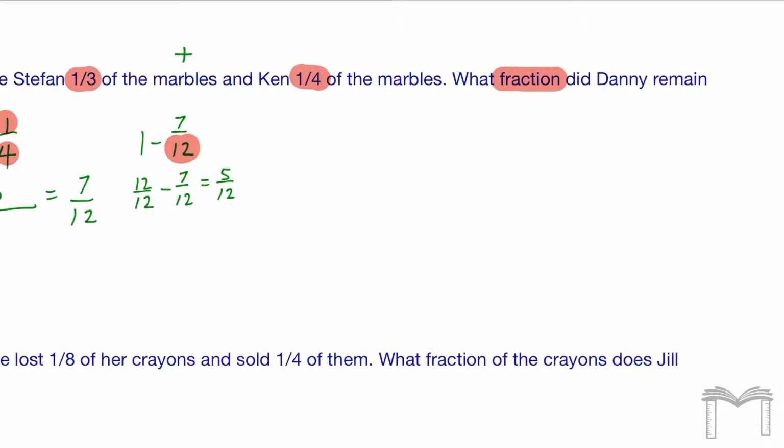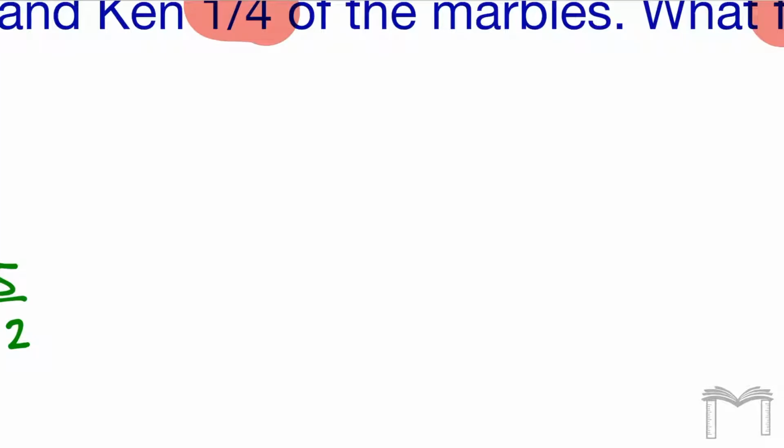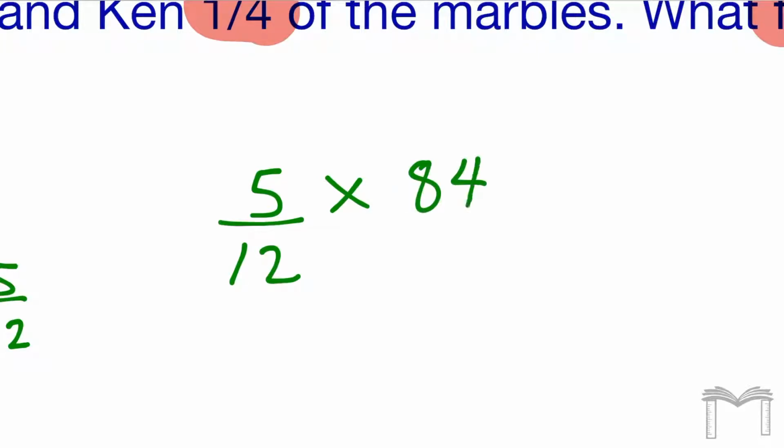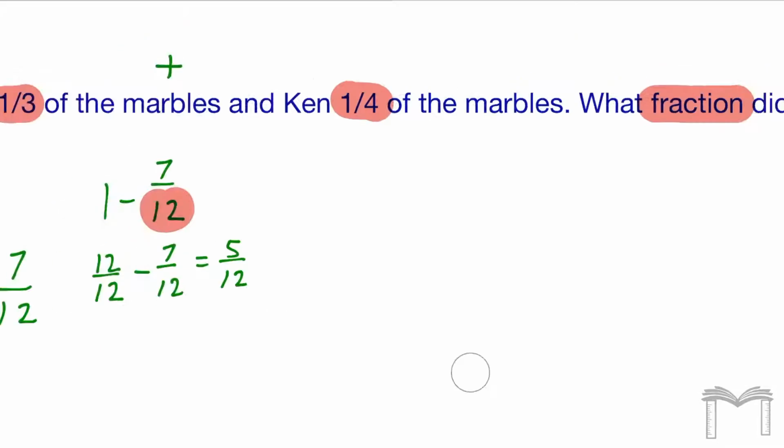If they asked us what amount did Danny remain with, which is different from fraction, we would have multiplied the fraction that he remained with by the total that he started with, which is 84. 12 into 12, 1. 12 into 84, 7. 5 times 7 is 35. And that would have been 35 marbles. But that is not what they are asking us. So if they were asking us that, that is what we would have needed to work out.